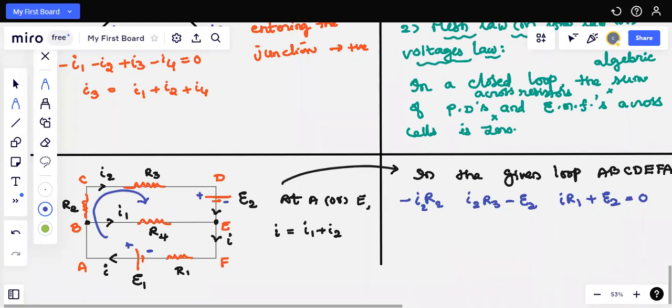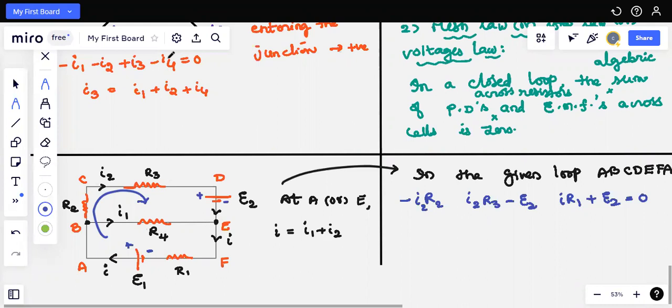Sir, every time seeing higher to lower, better you say some other convention to remember. Like a shortcut to remember. Simple. In a loop, according to your direction of measuring, if you are measuring in the direction of current flow, take it as negative.